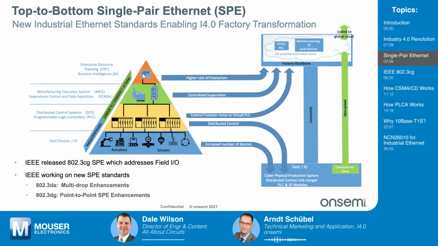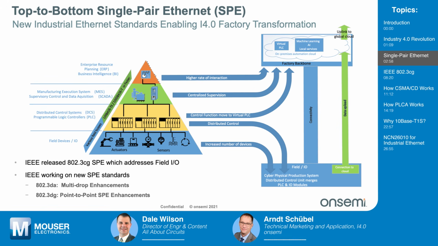As you can see, down at the field I/O device level there's a lot of wiring, and most of the time you just want to retrofit your factory with a more modern view of how manufacturing is going to be done. There's a strong call for reusing wires that are already installed in these factories, and that's where the call for single pair Ethernet comes into the game.